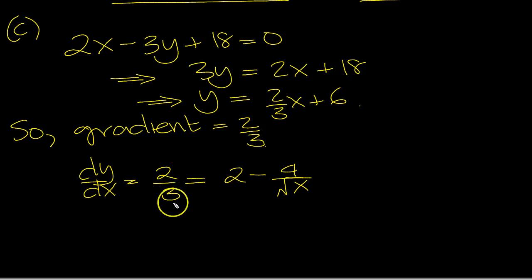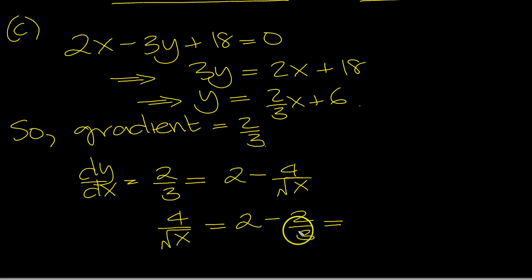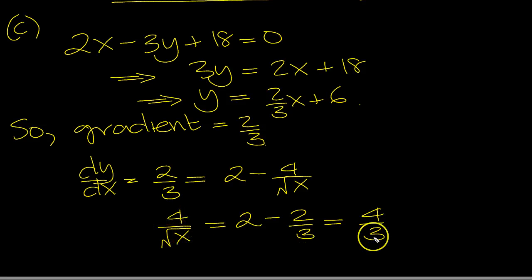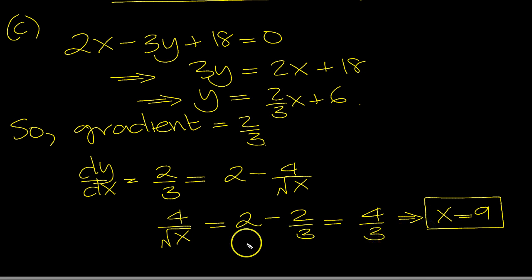Move the 4 over root x over here, and leave the 2 as is, and move the 2/3 over to be with it. So we've got 6/3 take 2/3 is 4/3. So we can see here, for these to be the same, it tells us that x must be 9, mustn't it? Because root 9 will be 3. X is 9 at Q then.